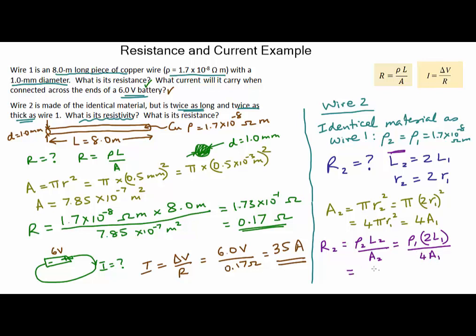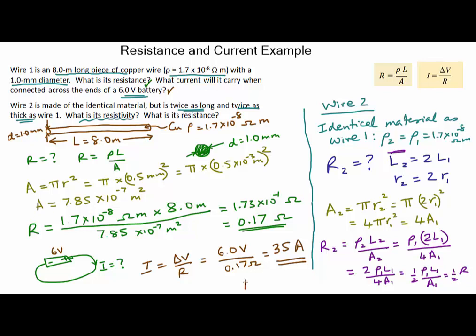And so this simplifies to 2 rho 1 L1 over 4 A1, or 1/2 rho 1 L1 over A1, which is basically 1/2 R1. So by doubling both the length and the radius of the wire, I cut the resistance in half.